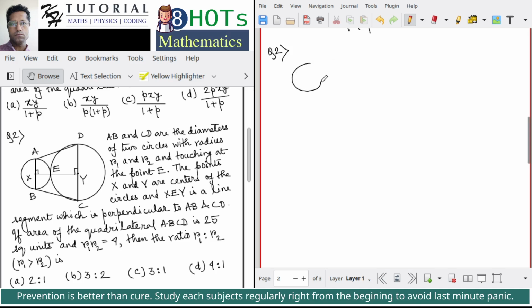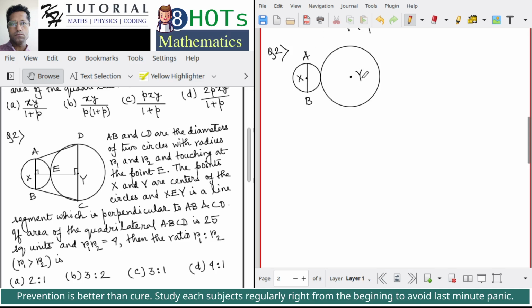We have a small circle, we have a bigger circle. Let me make the two circles touch. X is the center of the smaller circle, let's say Y is the center of the bigger circle. AB is the diameter of the first circle, that means AB will pass through X, the center.